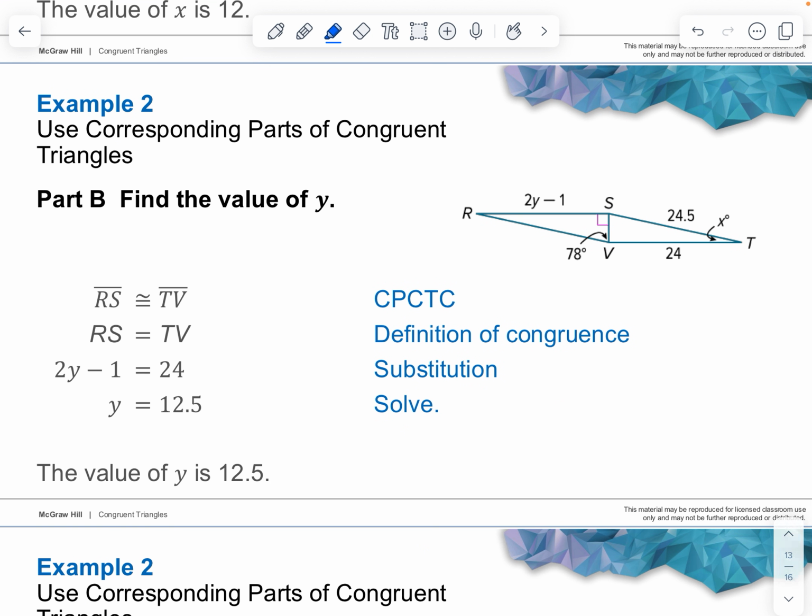Well, if those are congruent, we can set them equal by the definition of congruence. And then we can substitute in their values. So there's your first fill in the blank. And then we can solve, which gets us down to 12.5. So the value of Y is 12.5. Hope that kind of makes sense.